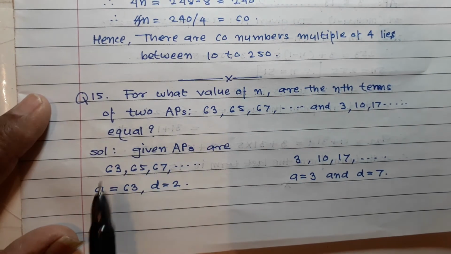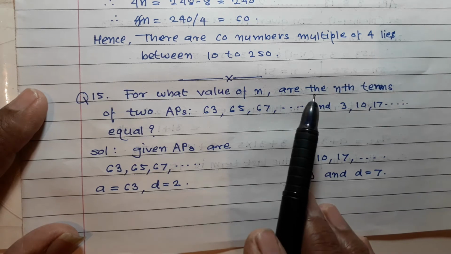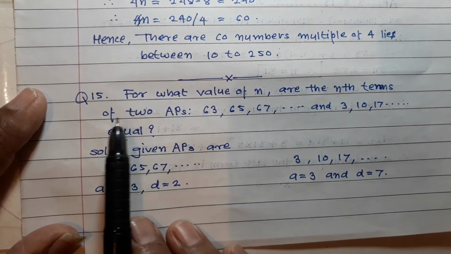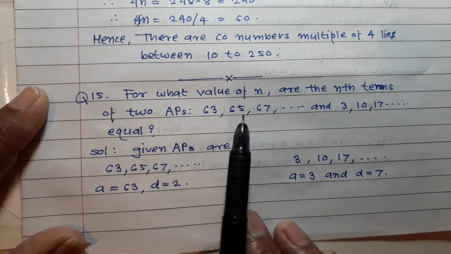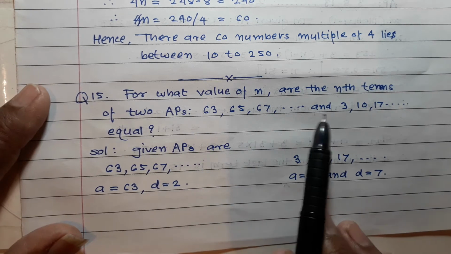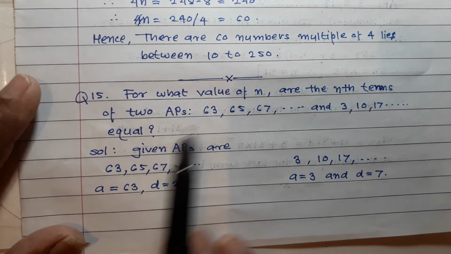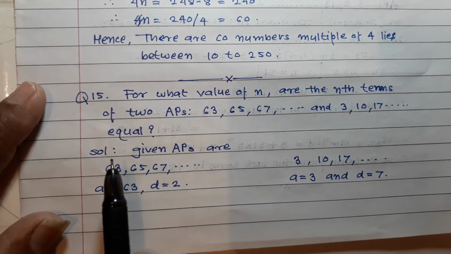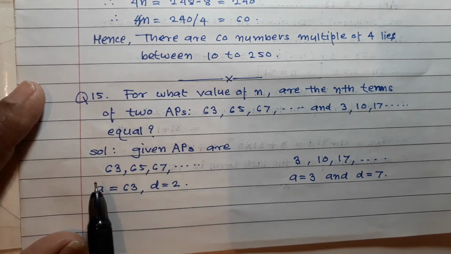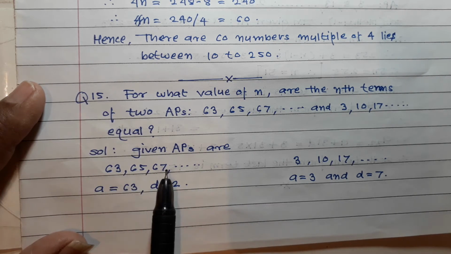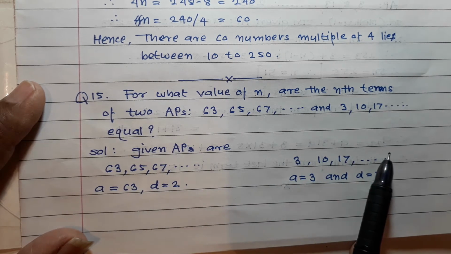Question number 15. For what value of n are the nth terms of two APs 63, 65, 67 and 3, 10, 17 equal? Now try to understand the solution. The given APs are 63, 65, 67 and 3, 10, 17.